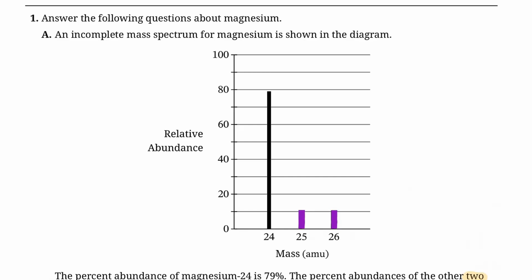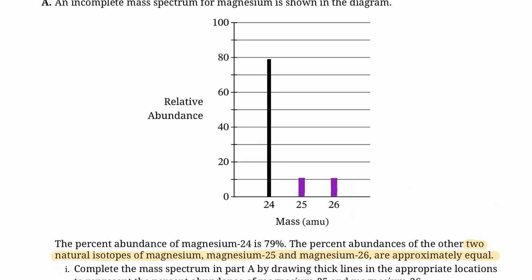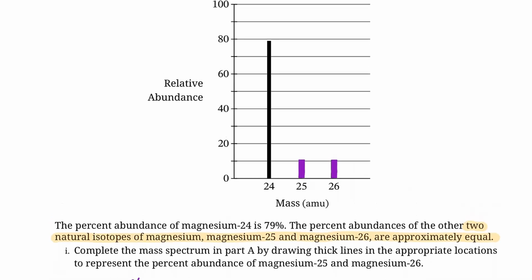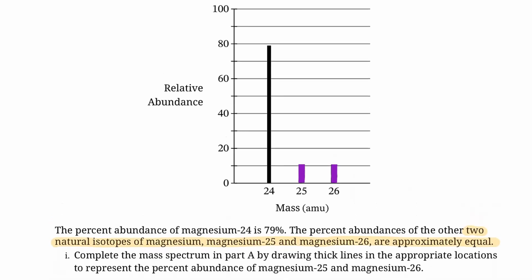But in any case, the problem's a little bit different. So let's get there. The percent abundance of magnesium-24 is 79%. They want you to figure out the approximate relative abundances of 25 and 26. What they did, kind of cute, is say that the percent abundance of the other two natural isotopes of magnesium, 25 and 26, are approximately equal.